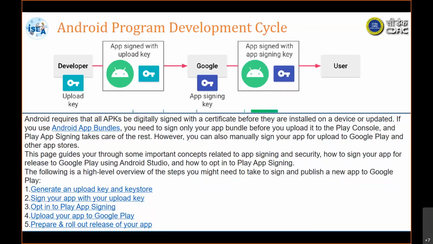Once those are done and I have developed a software, I need to sign with my own key. And then I require another key which is used by Google for application signing. Then once this is done, it is available to the web store and users can download it from the app store.